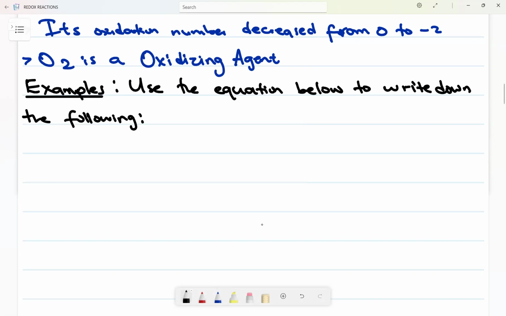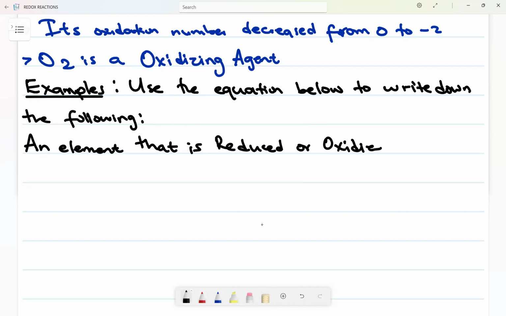What are the following? Number one, an element that is reduced or oxidized.